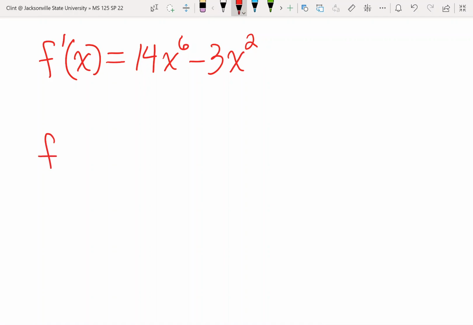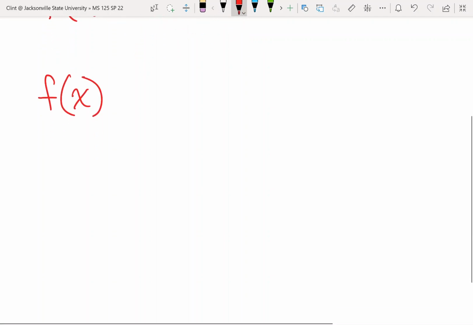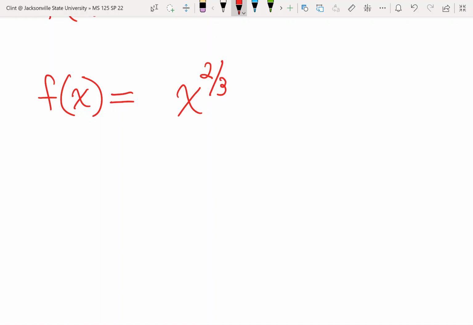Look at another one. Here's something a little weird. There's x to the 2/3.